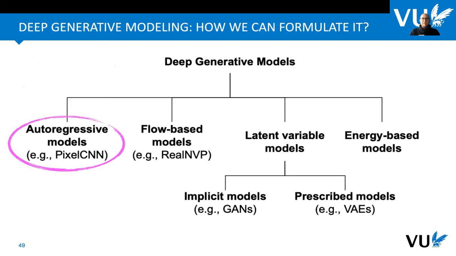All right, so let's start with autoregressive models. Autoregressive models are extremely useful for many applications, and they are extremely powerful, actually. They were, in my opinion, the first models that made this big breakthrough in deep generative modeling, or made deep generative modeling very appealing.